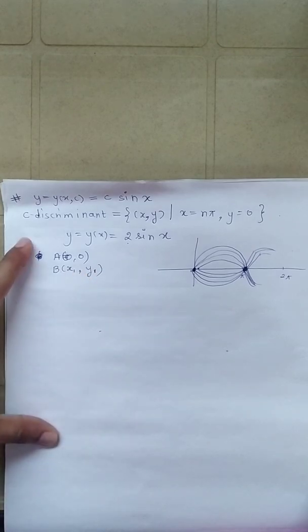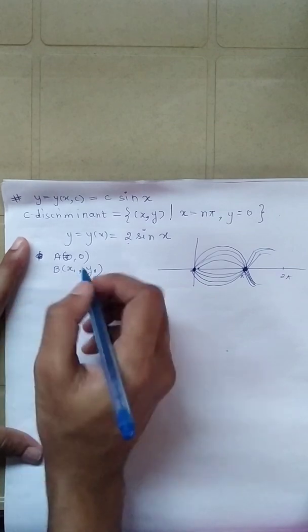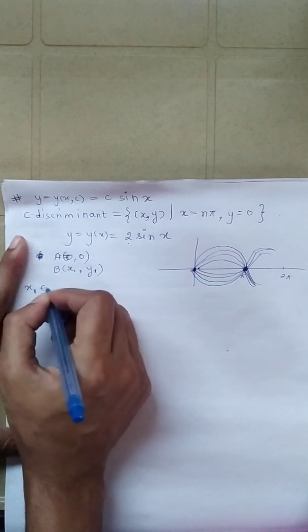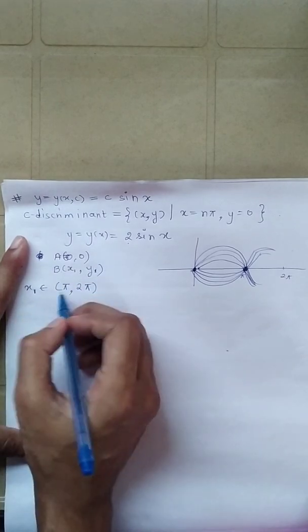Now let us suppose that for this point B, x1 belongs to this interval (pi, 2 pi).